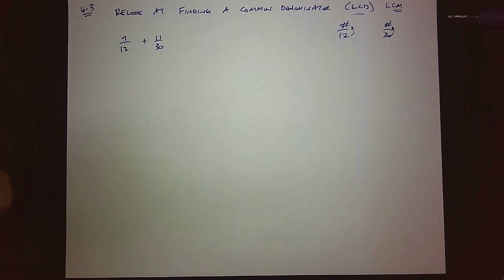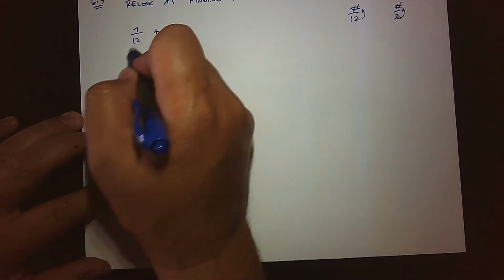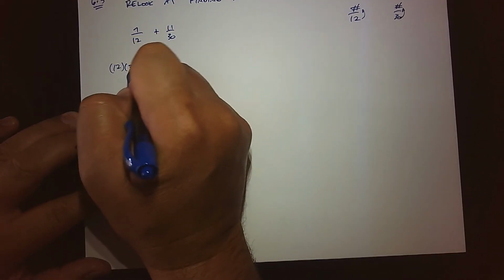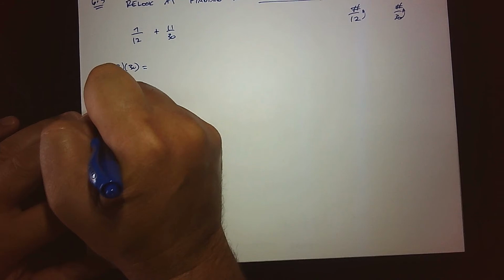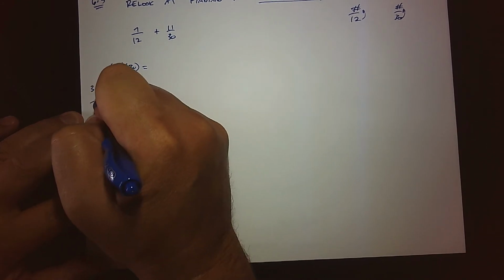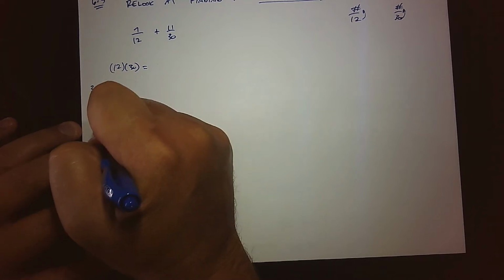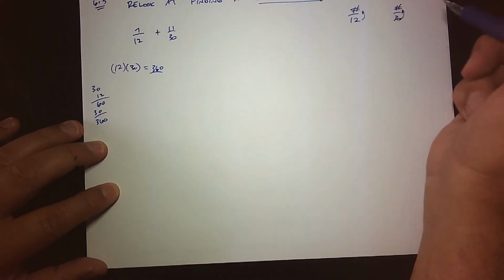Well, one of the most common tricks is that some students simply multiply the two together. That'll at least find a common denominator, but it will get really big. So if I do some work here, 12 times 30 gives us 360. So that 360 is an LCD, but it's huge.